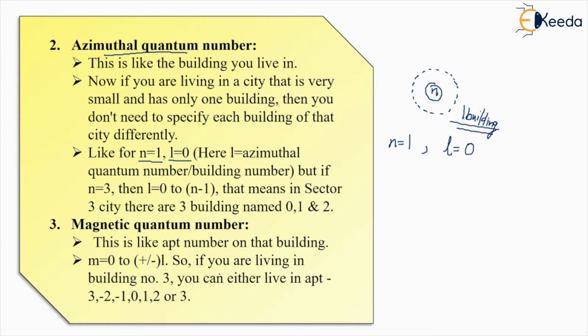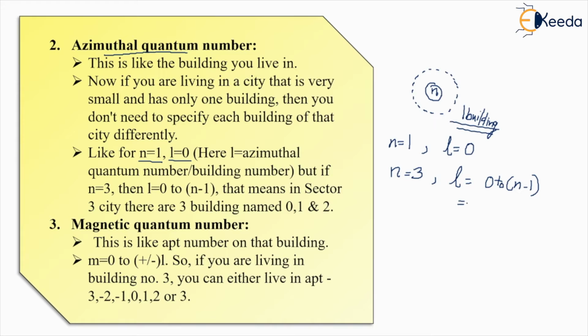But if n is equal to 3, then we will have l is equal to 0 to n minus 1. So now how do I get that? Let me write the generalized version of it. If my n is equal to 3, then my l will be 0 to n minus 1.